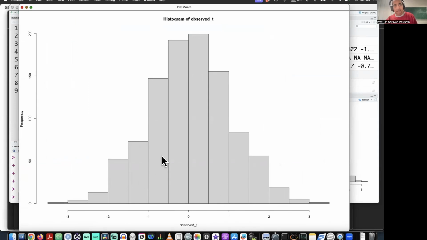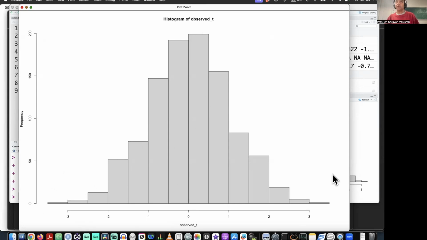Because I'm sampling from the standard normal distribution, my hypothesized value was that mu is 0, and the actual mu is also 0. Therefore, the average value of the observed t-value is 0. The largest value is near 0, and it has some standard deviation.